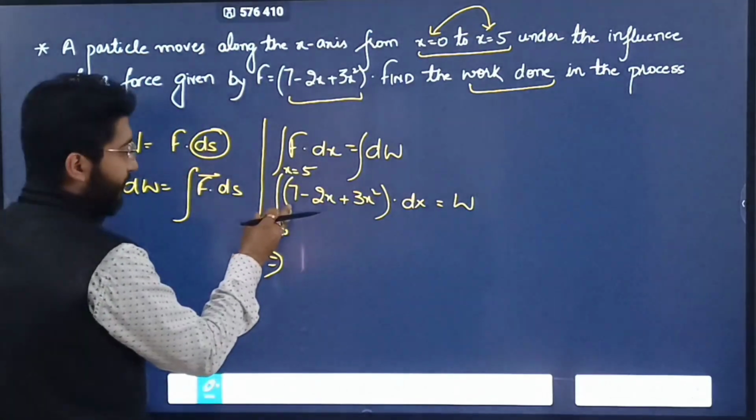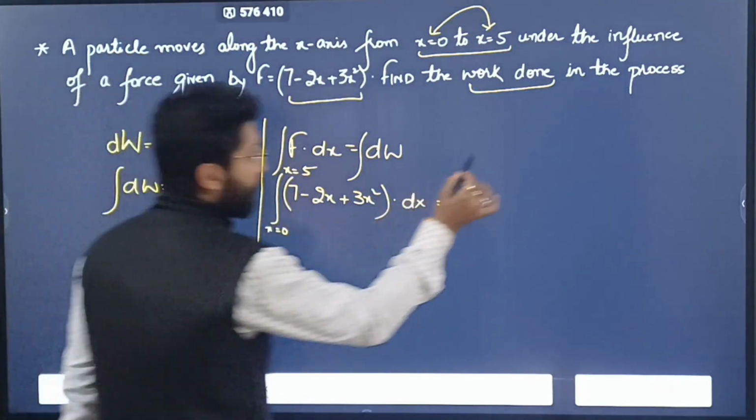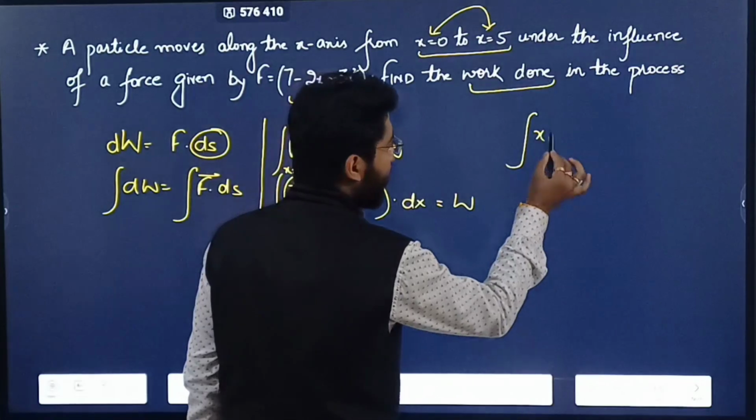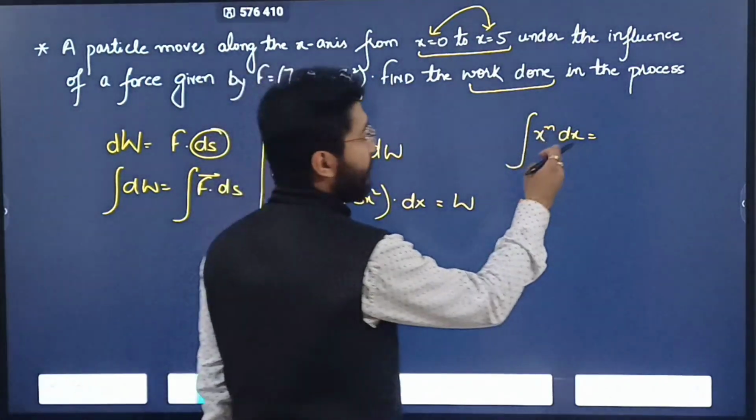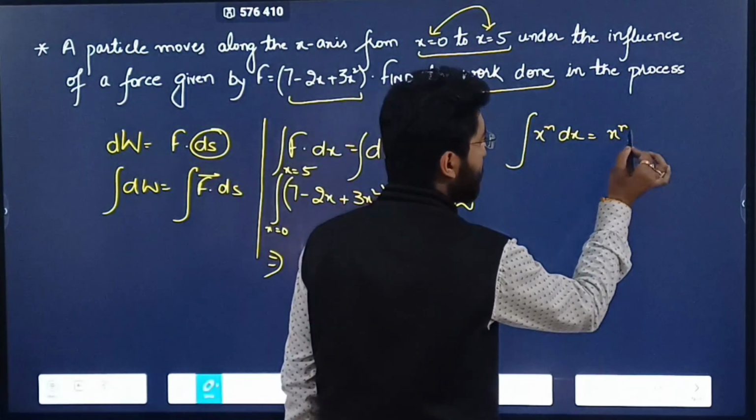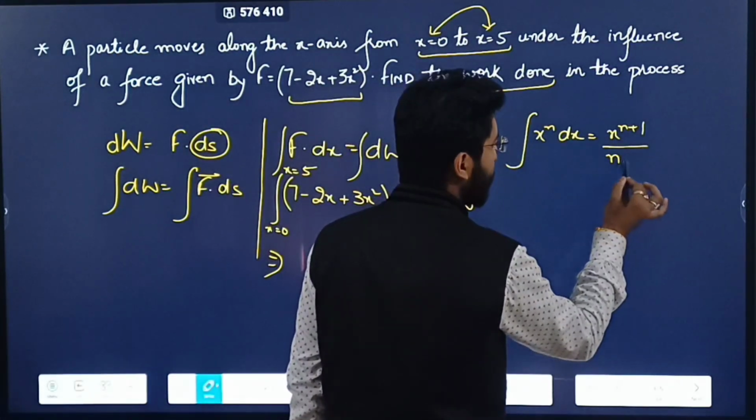Now when we integrate, as we know, the formula for integration is the integral of x raised to power n dx equals x to the power n plus 1 upon n plus 1.